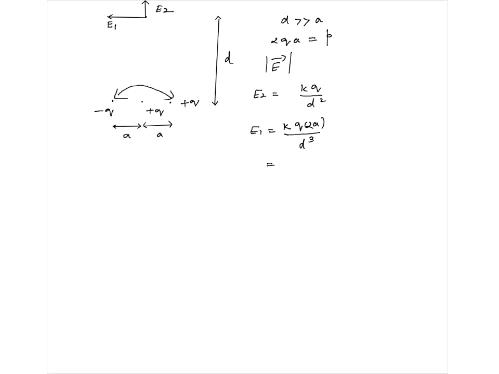But 2qa we have to take as p. Kp by d cube. Final E, magnitude only we want, will be this.